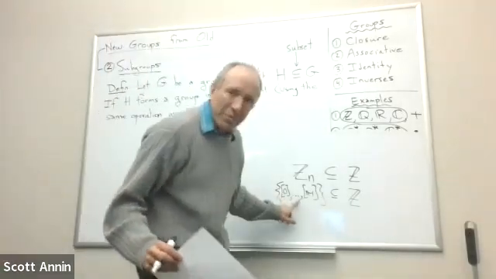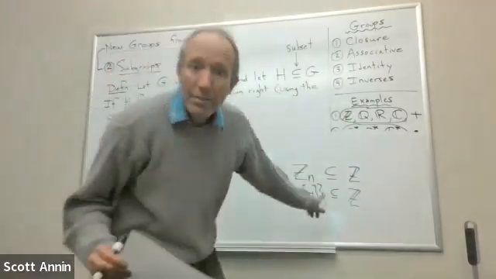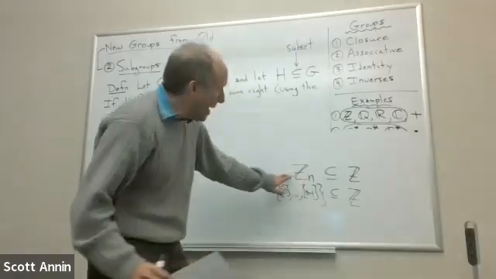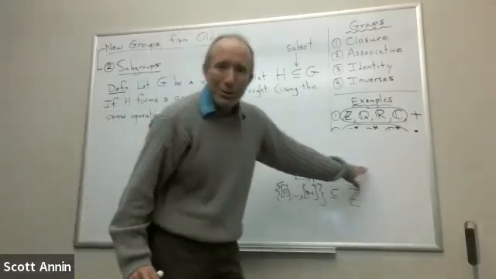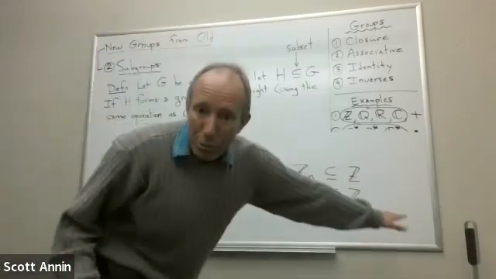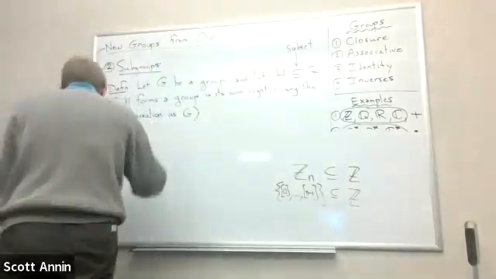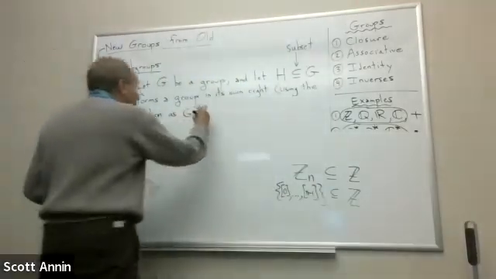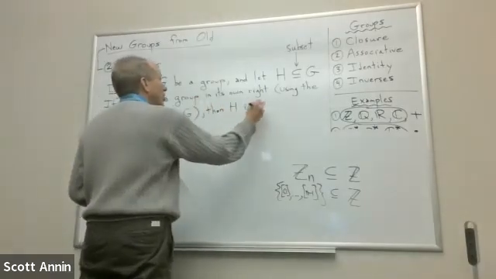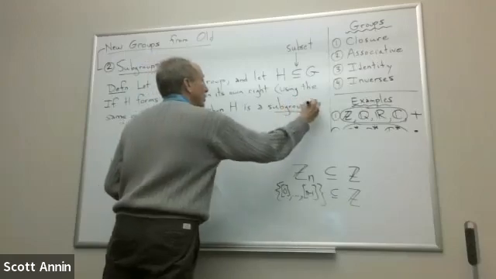But got to be careful because in the integers, you're not doing mod anything. It's a different operation. And so I would not call Cn a group in its own right with the same operation as the big group G. In this case, that wouldn't be true. So it has to be using the same operation as G. Then, as long as that's the case, H is what is called a subgroup of G.